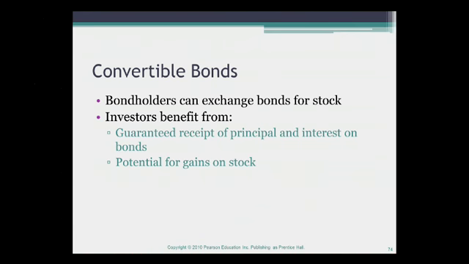When a bondholder purchases a bond, they get a set interest rate. They're entitled to that interest before anybody else gets anything. That interest is an expense of the company, so they stand in line before the stockholders.